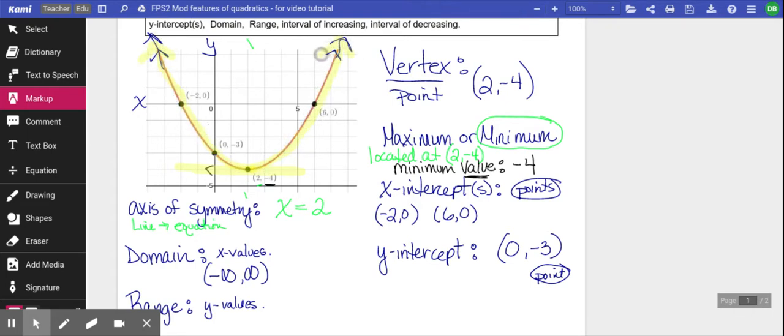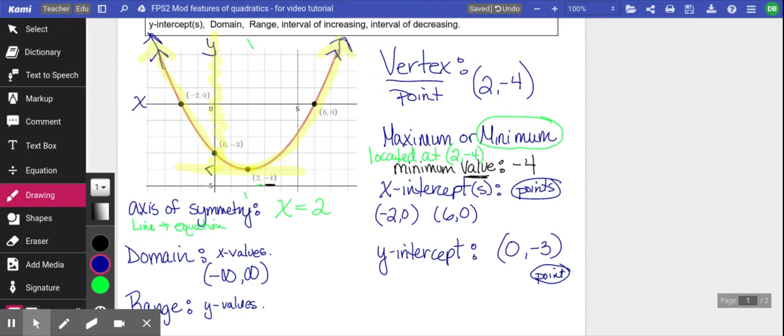So it's continuing to use all of the y values as the graph increases. So the lowest y value that we are using is negative 4. And we continue to use the y values up to infinity. So my range of y values goes from negative 4 to infinity.